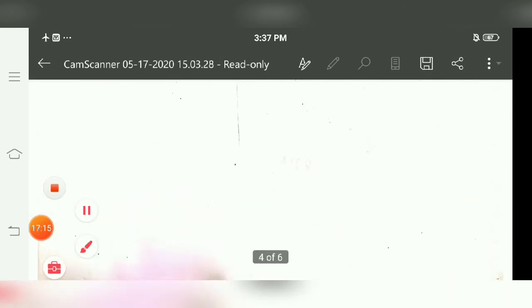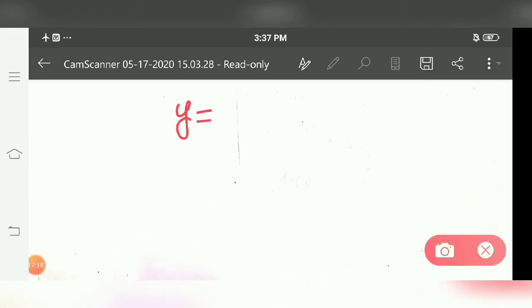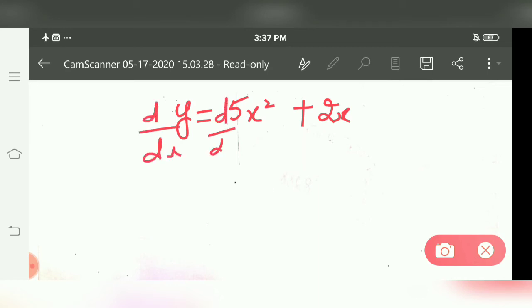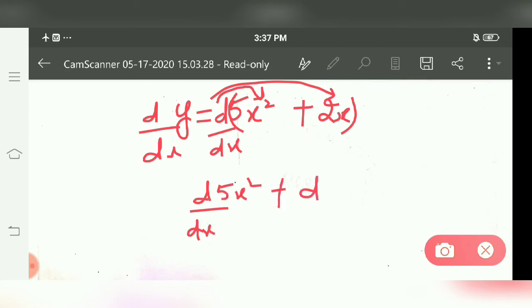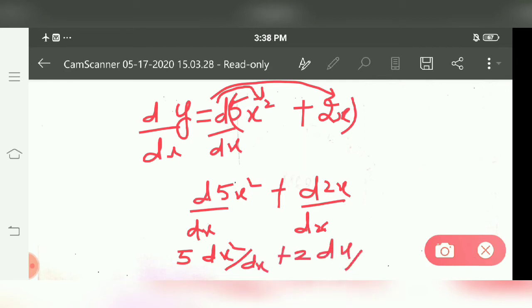If we have two terms, u plus v, say the question is y is equal to 5x square plus 2x. We have to apply the linear operation. If we take the derivative on both sides with respect to x, then this derivative gets applied to this and this too. So we can write d by dx of 5x square plus d by dx of 2x. 5 is a constant, taking it outside, d by dx of x square by again applying the formula, plus 2 is a constant, taking it outside, d by dx of x.